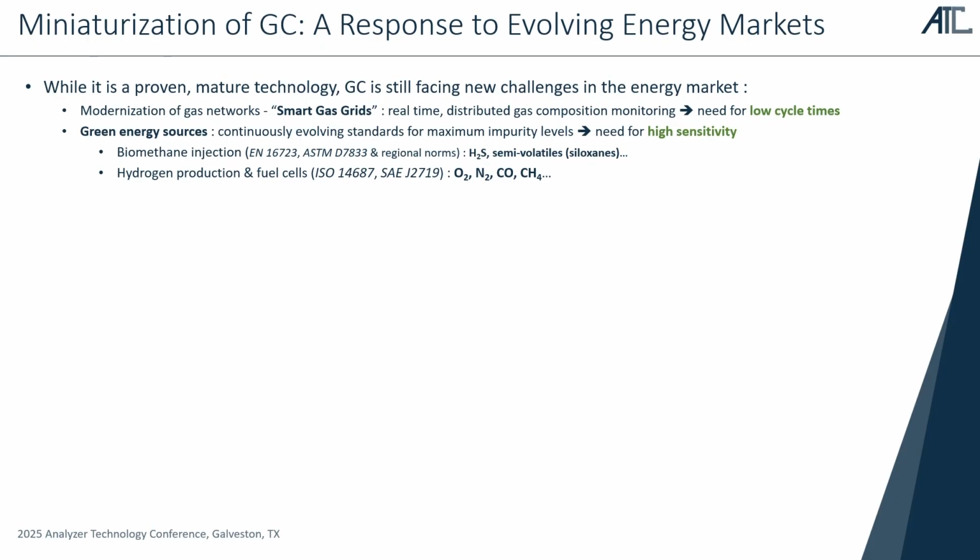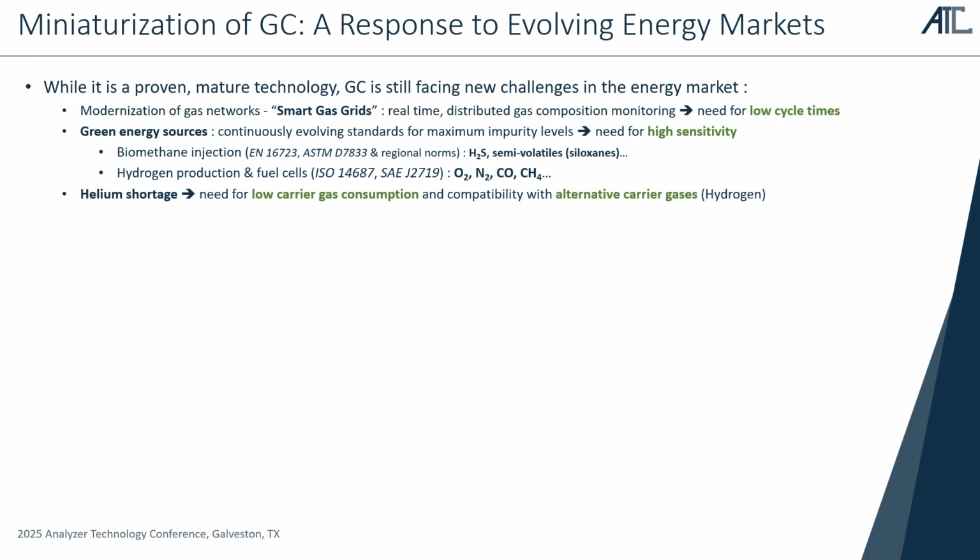Hydrogen is another example. You might know about the ISO 14687 norm, which is a huge list of compounds that we need to analyze for hydrogen fuel quality. And it's the same deal. We need the trace analysis of all of those compounds that are listed here, for which micro GC provides a high-performance solution close to the sampling point.